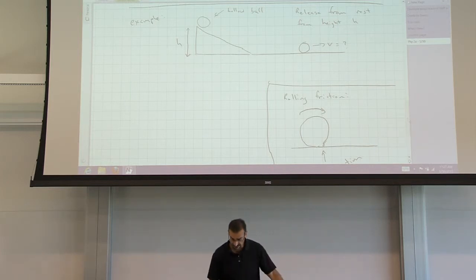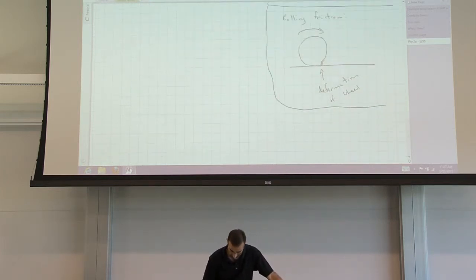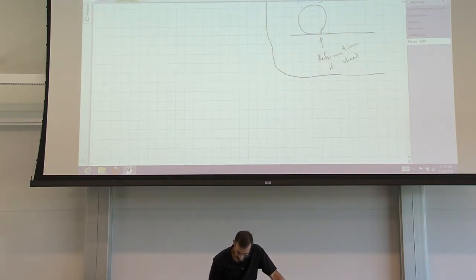We're going to say our initial energy is going to equal our final energy, because we have no losses due to non-conservative forces, to friction.